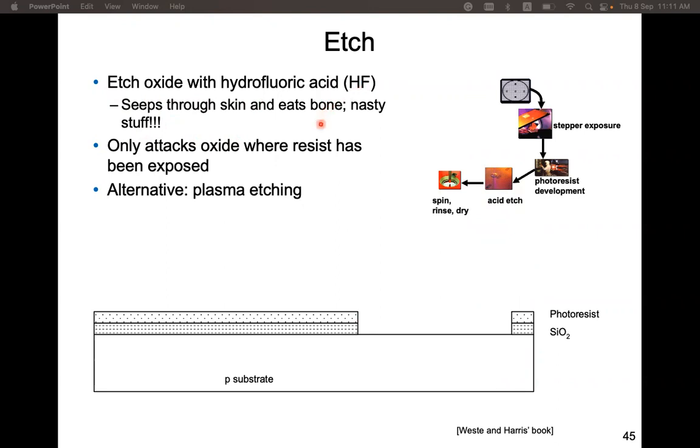And this is a nasty stuff. It's toxic. So the silicon dioxide that is covered by photoresist won't be etched away. Only this part is etched away.